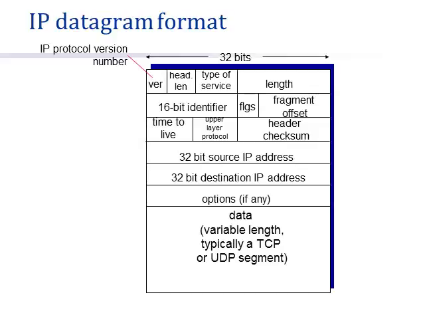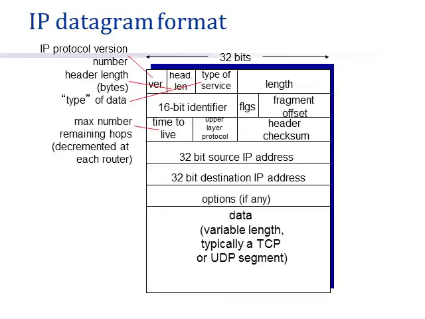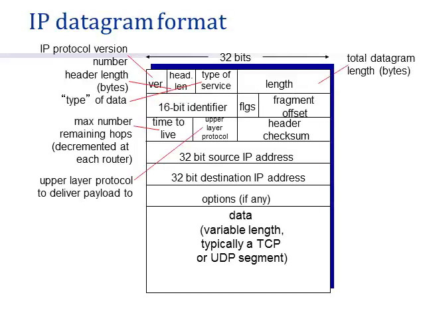The key fields are version number, header length, type of service, datagram length, identifier, flags, fragmentation offset, time to live, upper layer protocol, header checksum, source and destination address, and then the options and the data field, which is the payload.